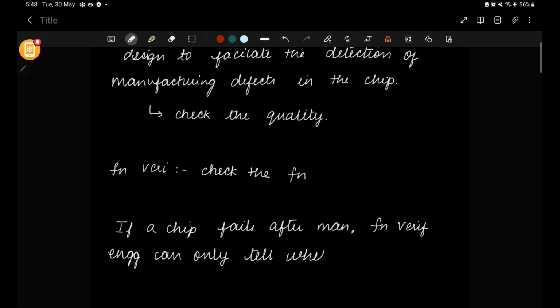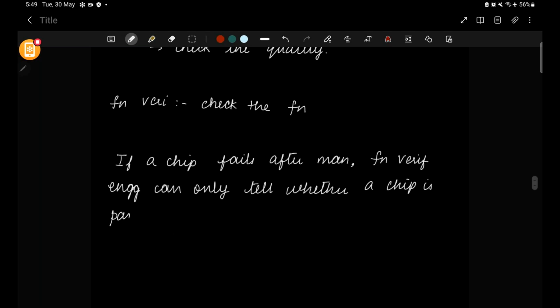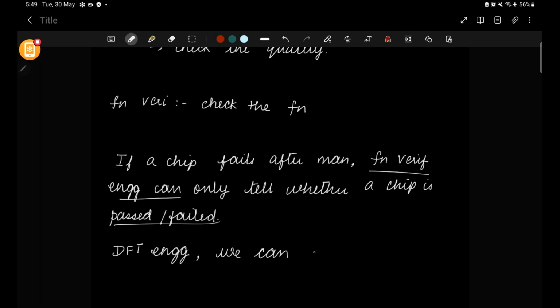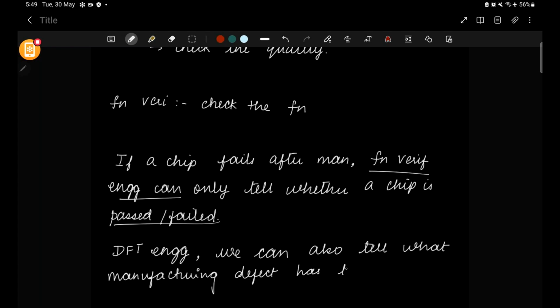A DFT engineer can give additional information: we can also tell what manufacturing defect has caused the chip to fail.